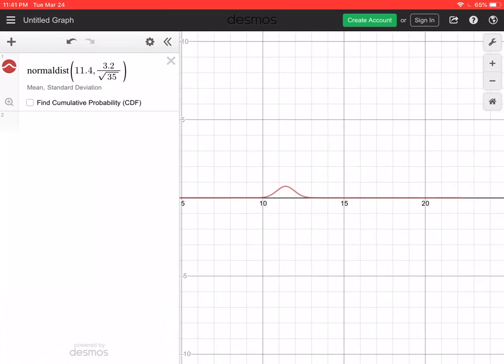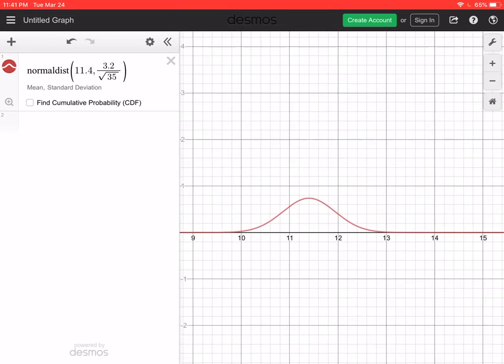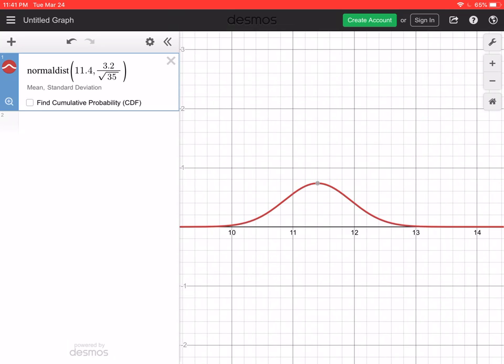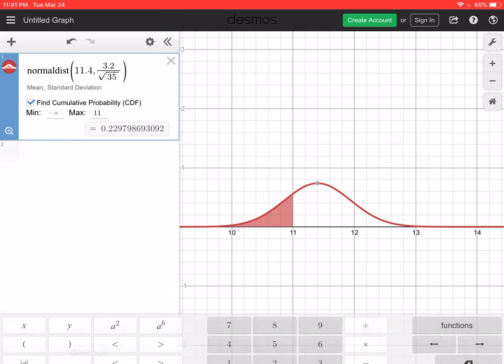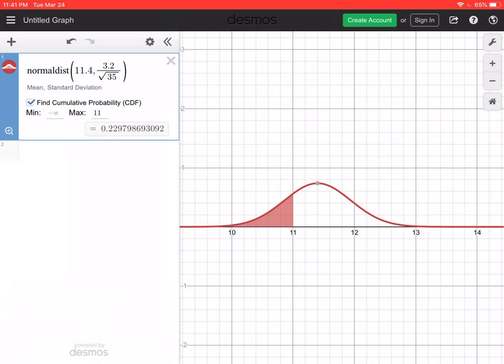So let me go and find the curve. There's the curve, centered right around 11.4. And now we can find the cumulative probability. We want the probability that the value of x bar, that sample mean, is less than 11. So the maximum value should be 11. And we see right here, we get 0.22979, etc., as this probability.